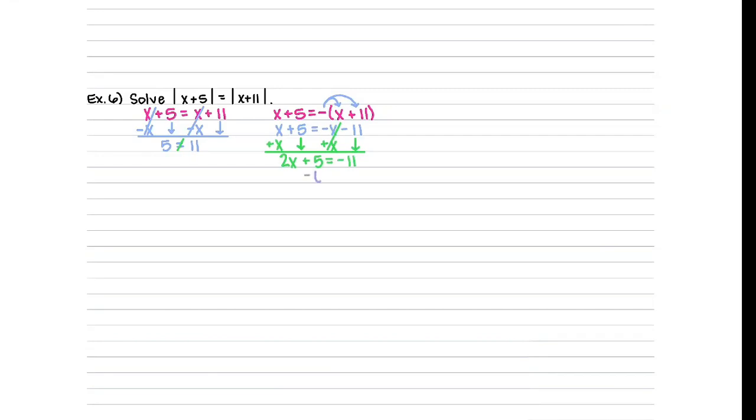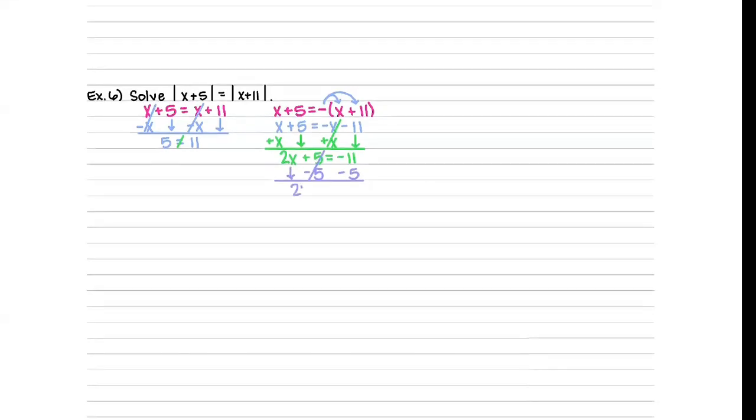From here, we can just subtract the 5 from each side. We drop down that 2x. So 2x is equal to negative 16. We then divide each side by the 2. We get that x is equal to negative 8.